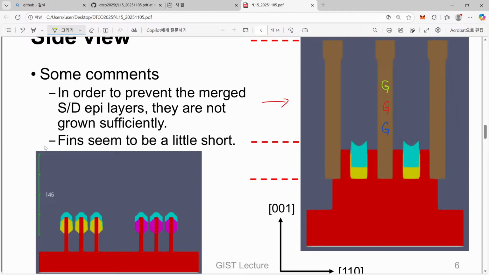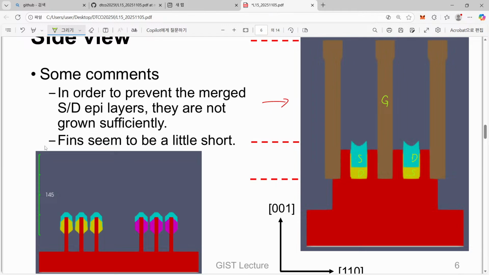Okay, this is the gate. I was just confused. This is the gate shared by the NMOSFET and PMOSFET. And where can you find the source and drain? It is not determined yet, but anyway, this one becomes a source and drain, or drain and source.